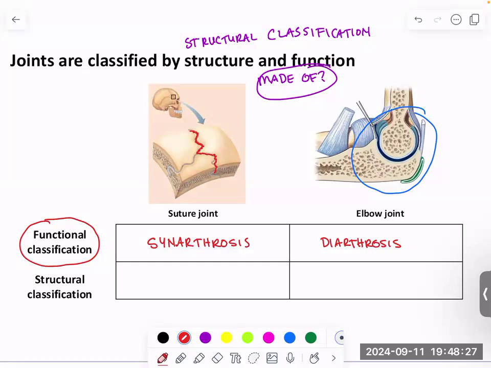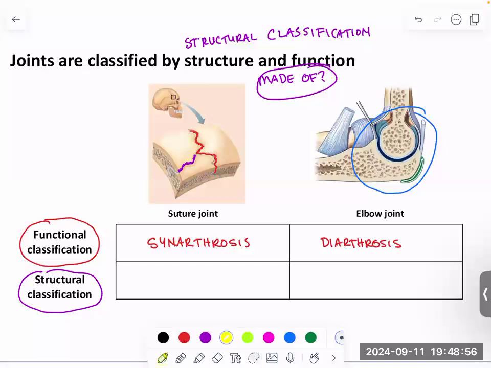We haven't talked about it yet, but structural classification: what is it made of? What are these fibers that hold the sutures in place? They are collagen fibers. What are the elbow joints made of?